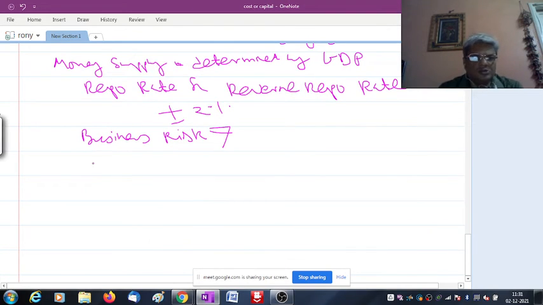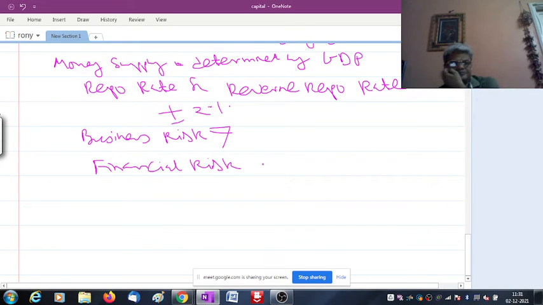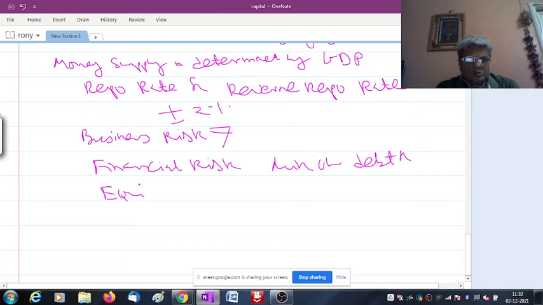Next comes financial risk. What is financial risk? I taught you this: financial leverage, operating leverage. Sir, financial risk is the possibility of losing money on an investment or business venture. Mix of debt and equity.